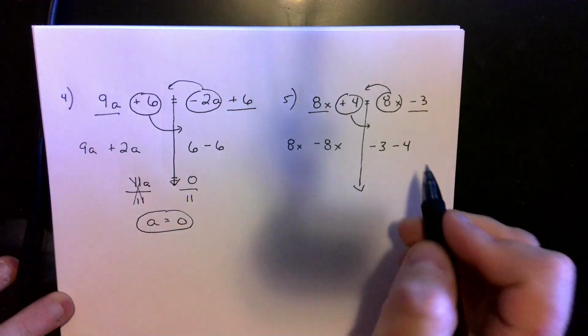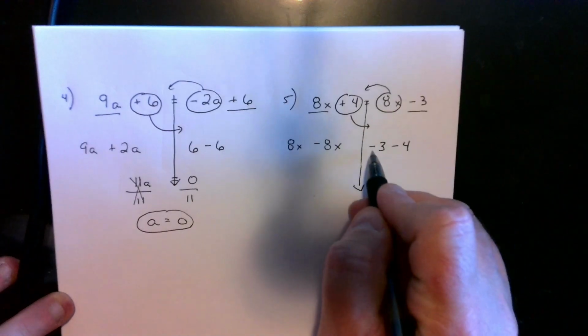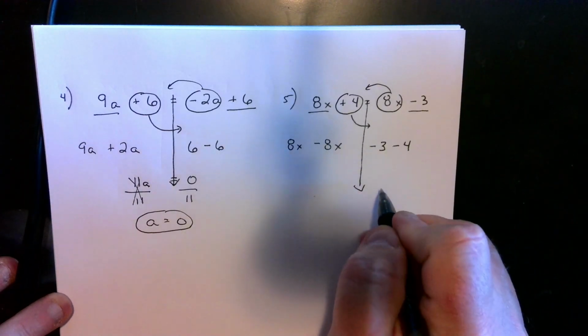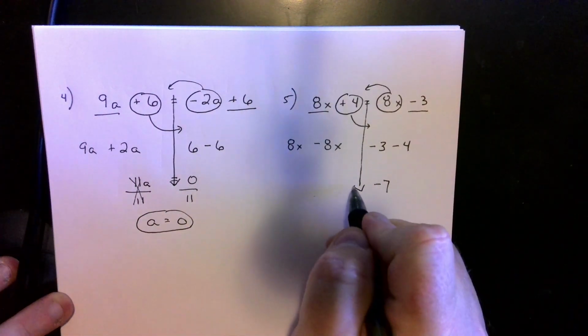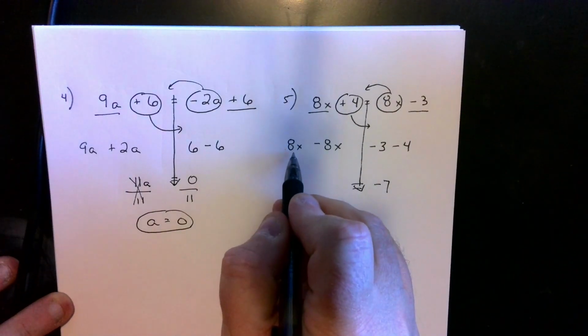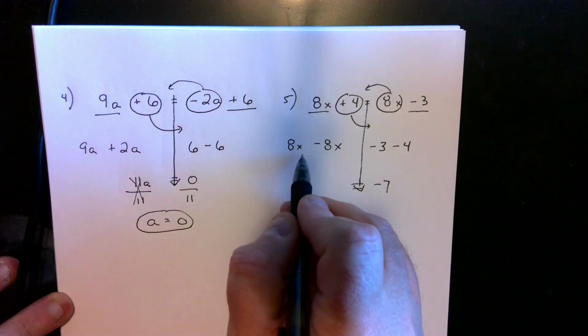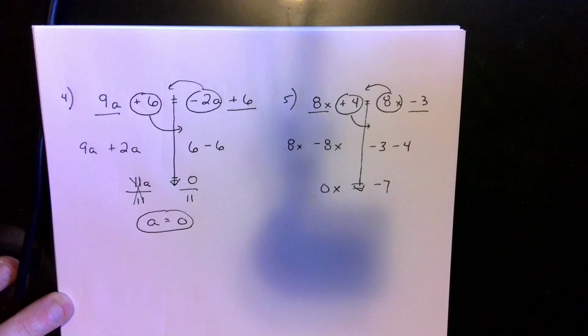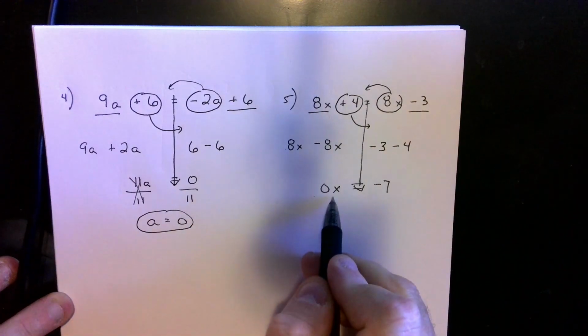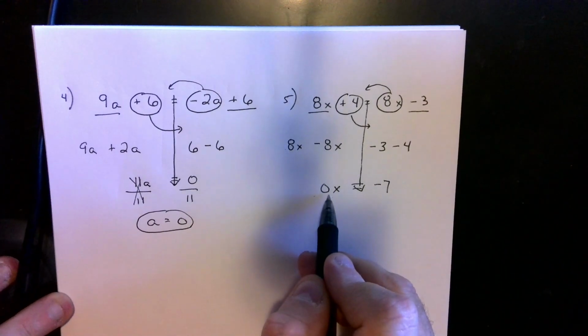Okay, group your like terms. I'm going to start on the right hand side this time. A negative 3 take away 4 becomes negative 7. And when we group the other side, 8x take away 8x, well, 8 x's take away 8 x's leaves you 0 x's. Now notice on this one we have 0 variables.